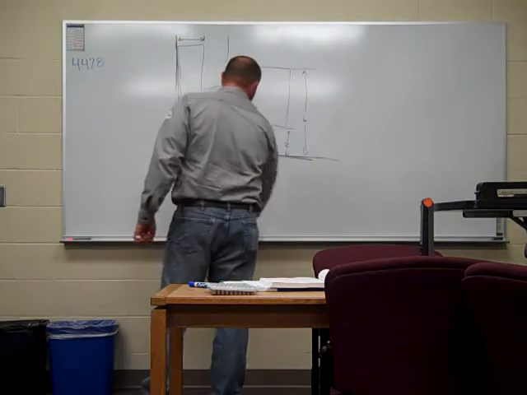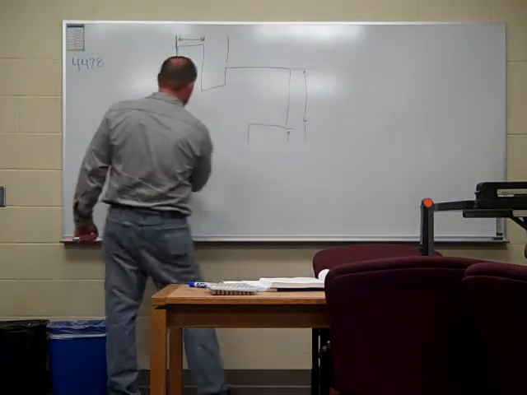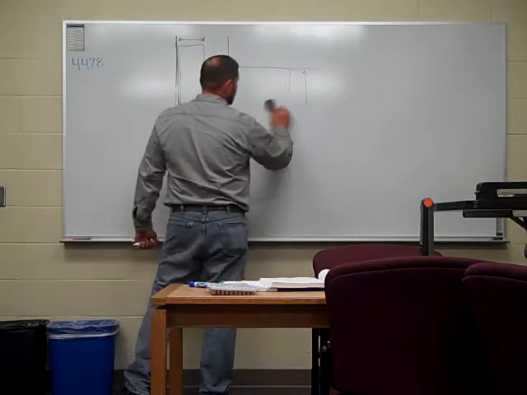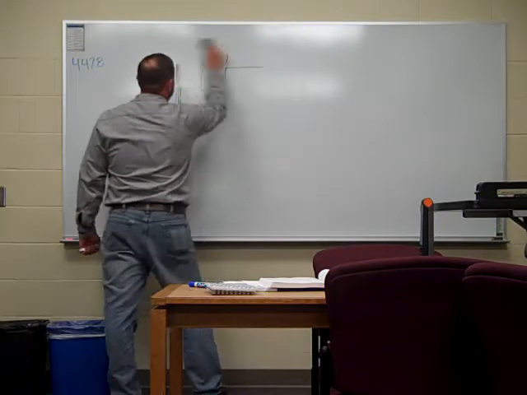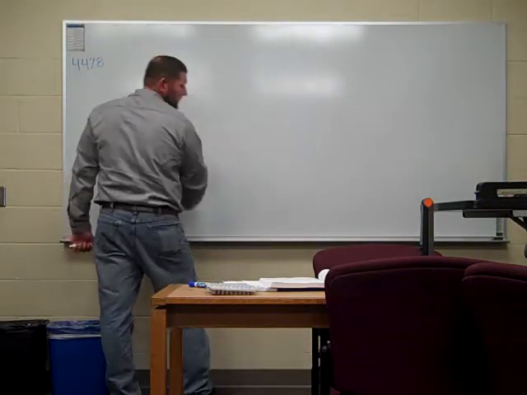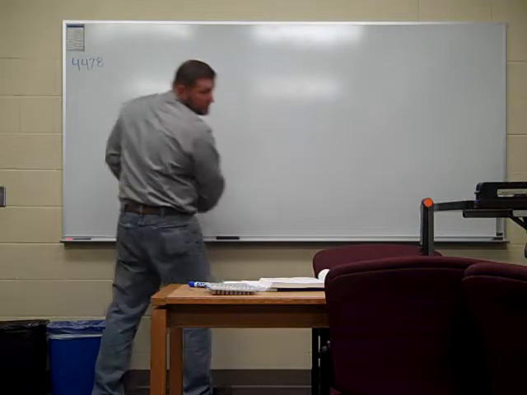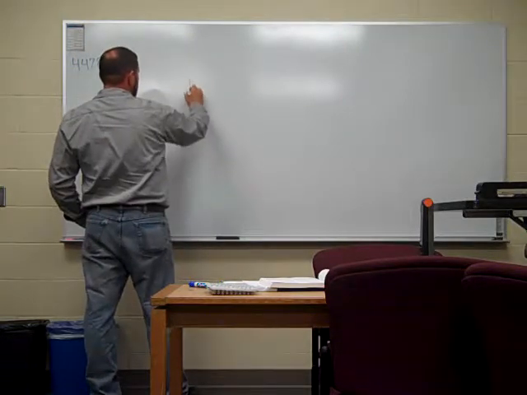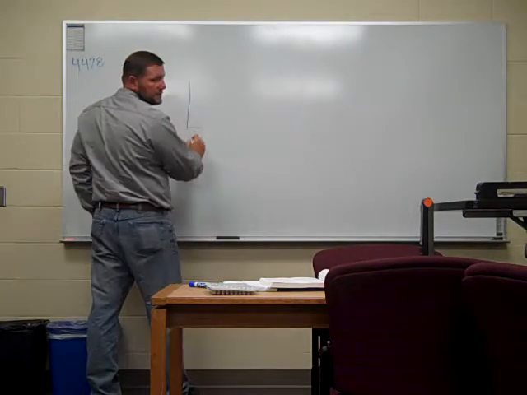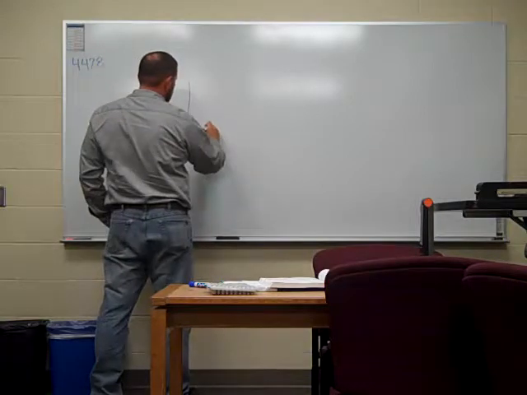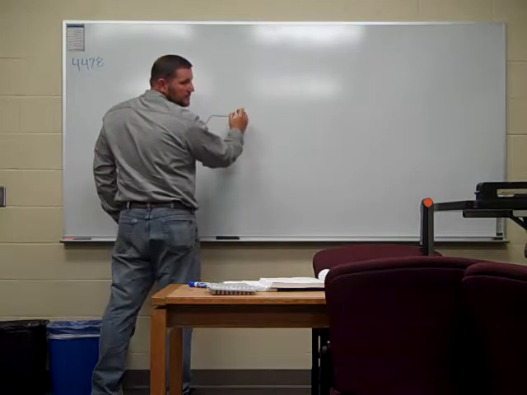Zero plane dimensioning gets a little goofy. I'm going to use the example on the lower right-hand side of page 122. I'm going to try to draw this pretty close. Little angle up, straight.